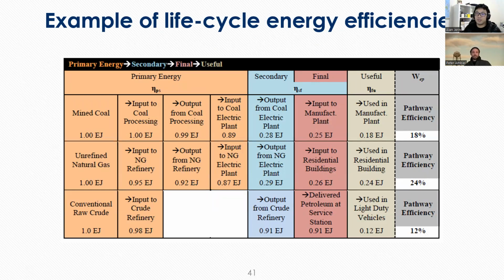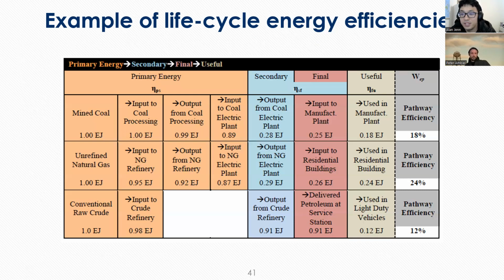So, an example of life cycle energy efficiencies. These are all examples of going from your primary energy to your useful energy: one for coal, one for natural gas, and one for conventional raw crude. For coal, it has to go through a coal processing step.